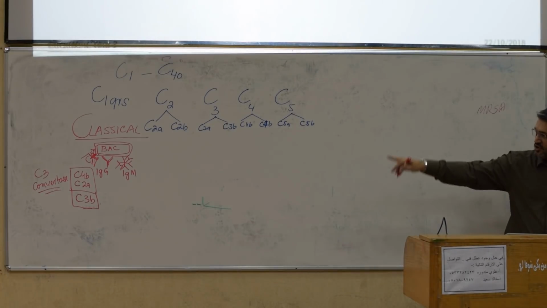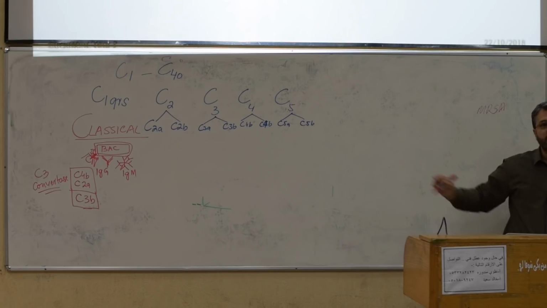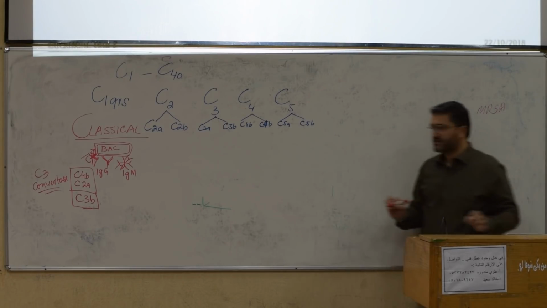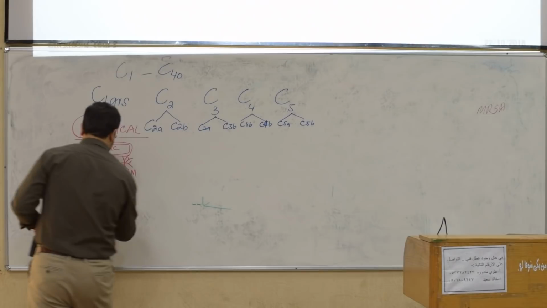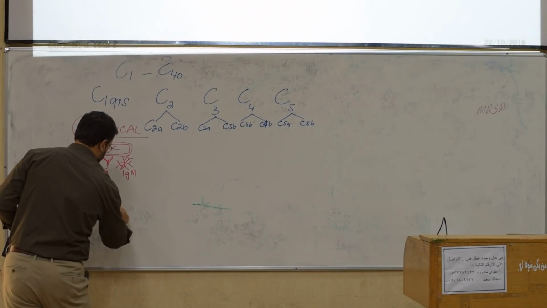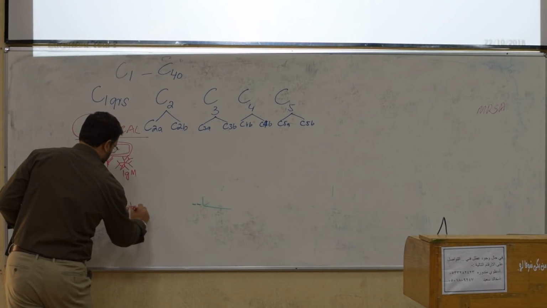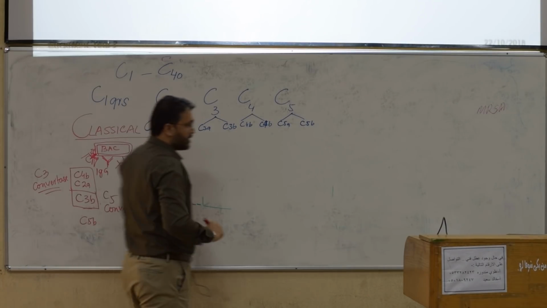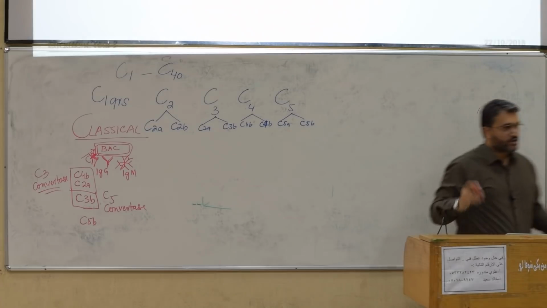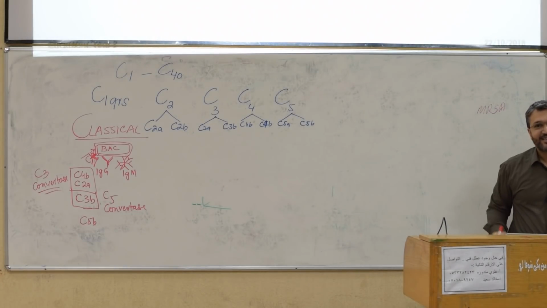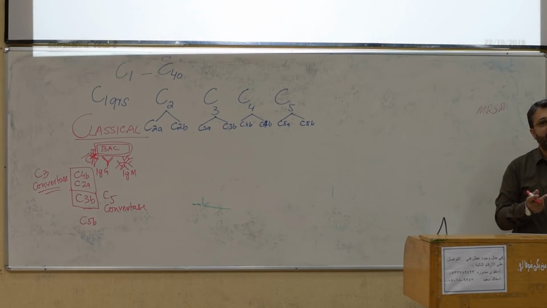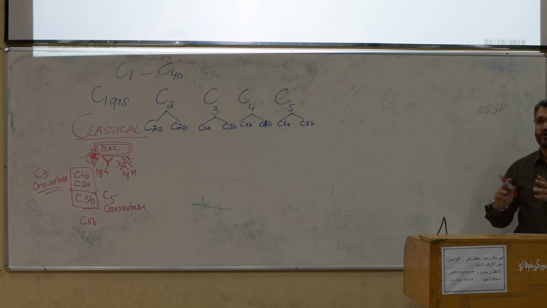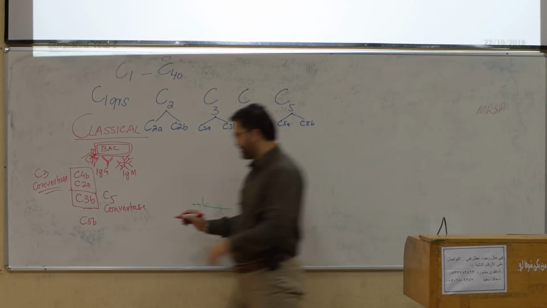Yes, this group together, C4B, C2A, C3B, is called C5 convertase. And what's the next number? 6, 7, 8 and 9, they all will join in, just simply.